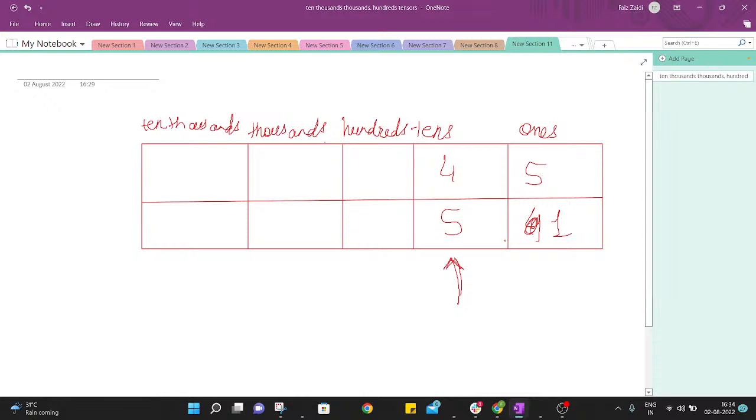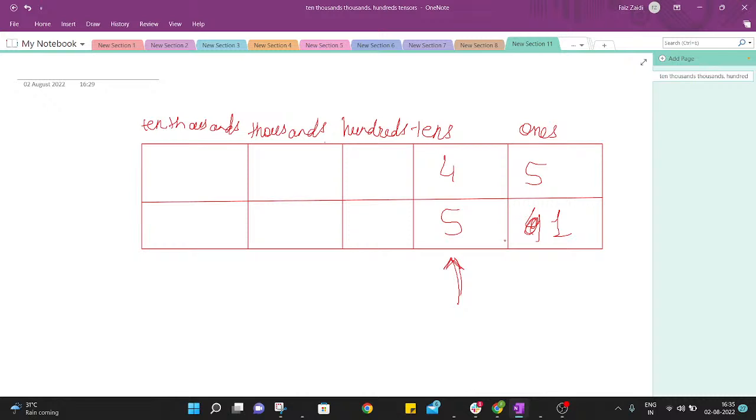That is why we first compare the tens place value, and if the numbers in the tens place are equal, only then we compare the ones place value. If the numbers in the tens place are not the same, that means one has to be bigger than the other. That means we don't need to compare the ones place value.